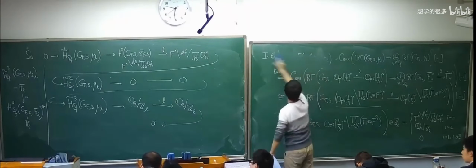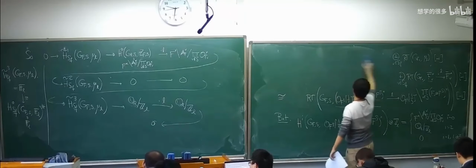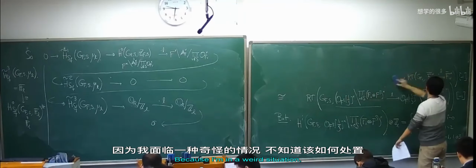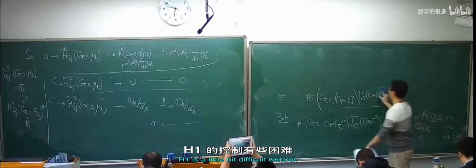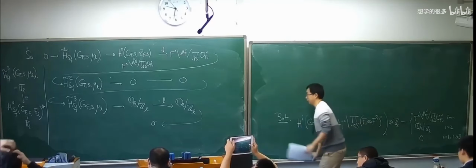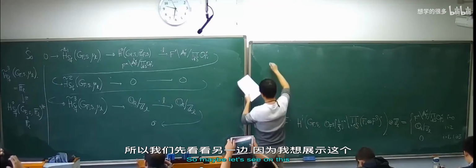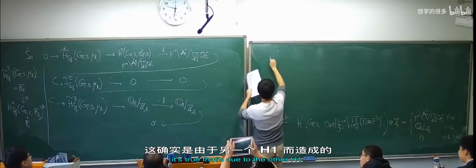And let's do the H^2. I'm in a weird situation, I don't know how to do it. H^1 is a little bit difficult to control. That's okay. So maybe let's see on the other side, because I want to show this H^2 tilde is dual to the other H^1.